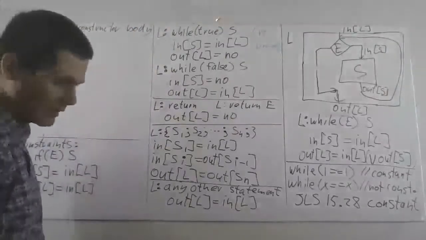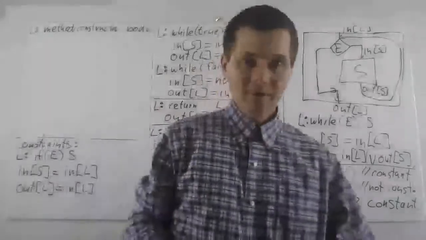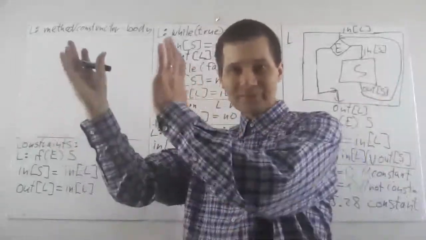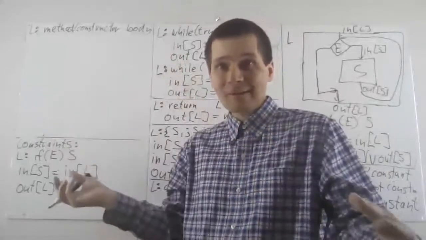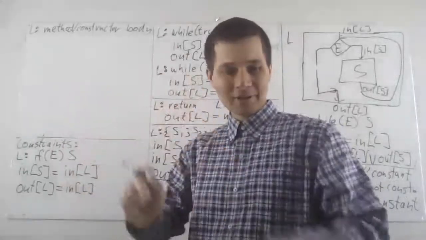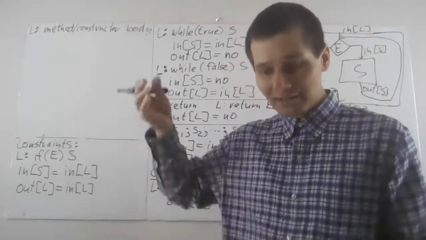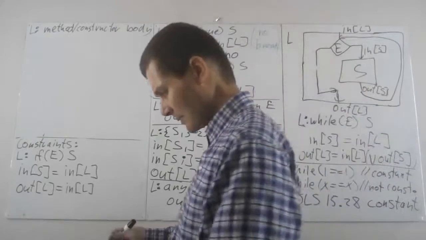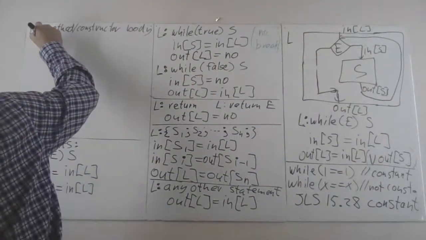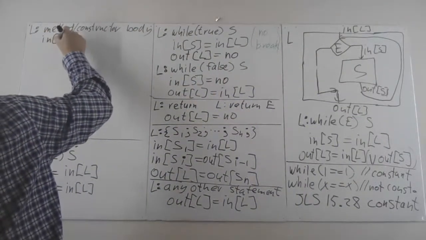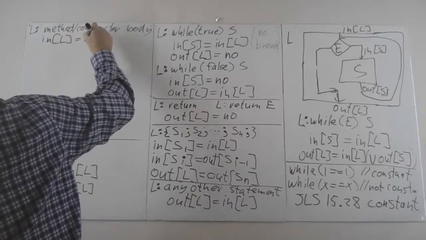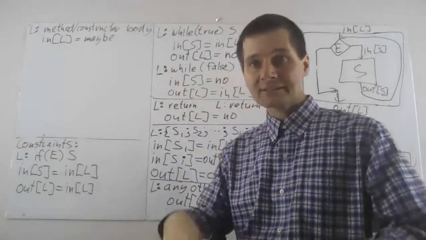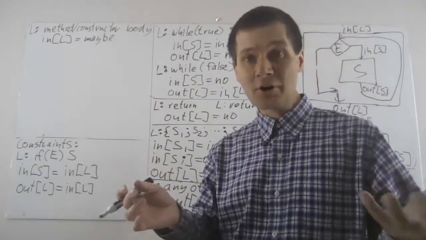When you write a method, it has the signature, and then it has the body, a statement enclosed in curly braces. For the overall body of the method as a whole, we're going to say in of L is maybe. And in some ways, this kind of gets the entire analysis started.